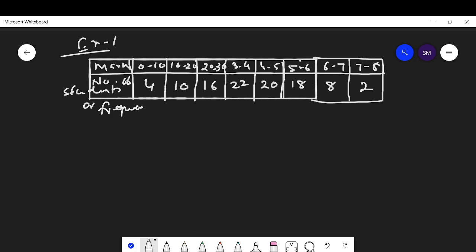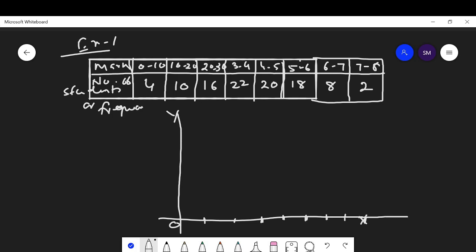Then you have to show this data in the histogram. At first you draw, this is O, this is the x-axis and this is the y-axis. You take a suitable scale. For the x-axis we take 0, then next 10, 20, 30, 40, 50, 60, 70, 80, 90.